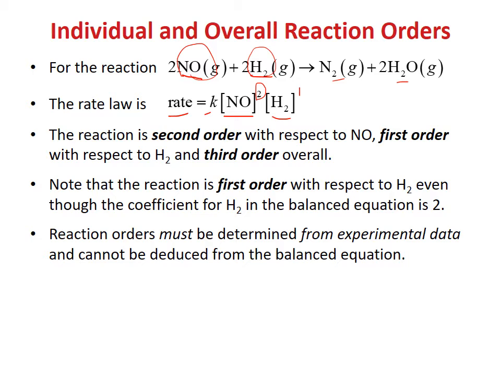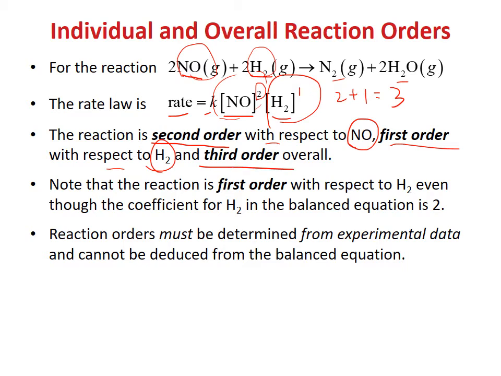So in this case, we say this reaction is second order with respect to NO, nitrogen monoxide, but first order with respect to hydrogen. So hydrogen is first order, NO is second order, and 2 plus 1 equals 3. So the overall reaction is third order.